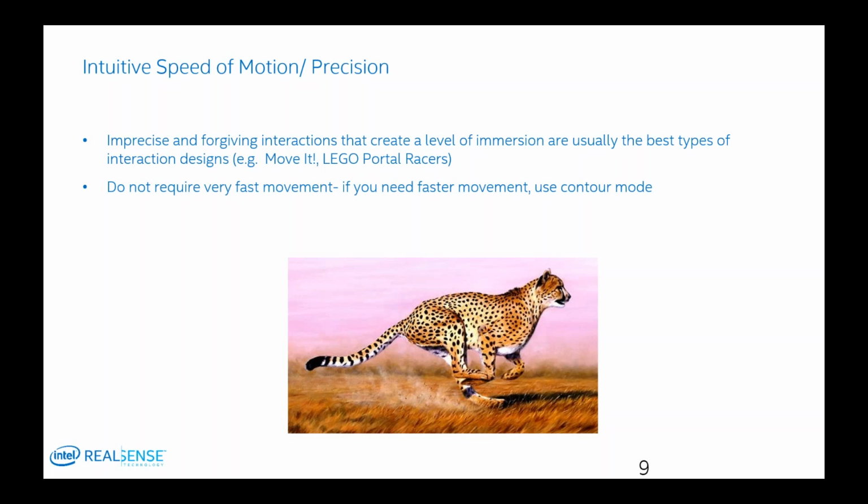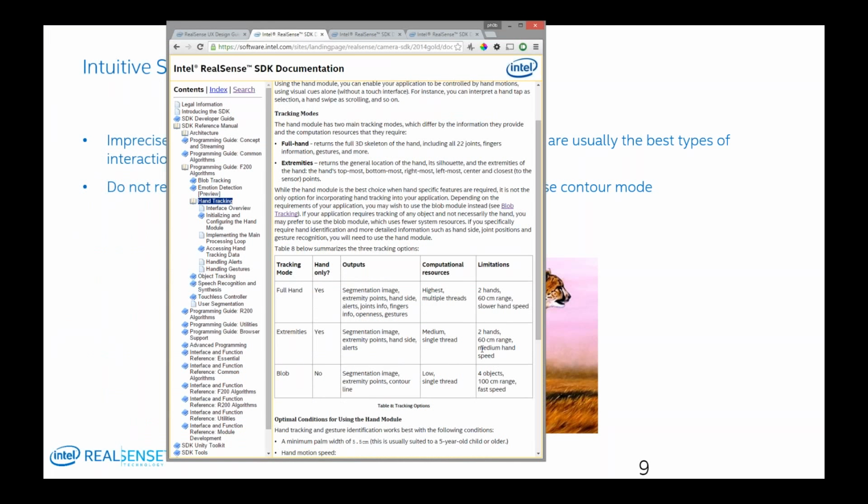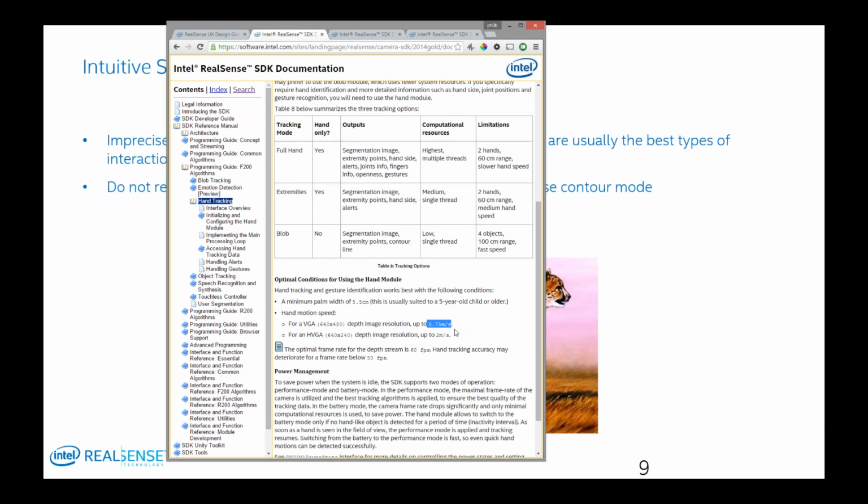If you do the full hands tracking with the 22 joints and all the gestures, it's documented, so let me pop up the documentation. It's really low speed, less than 1 meter per second, and this is problematic for games. If you lower the resolution, cutting the field of view in half, you can reach 2 meters per second, but it's not really suitable to always cut the field of view.